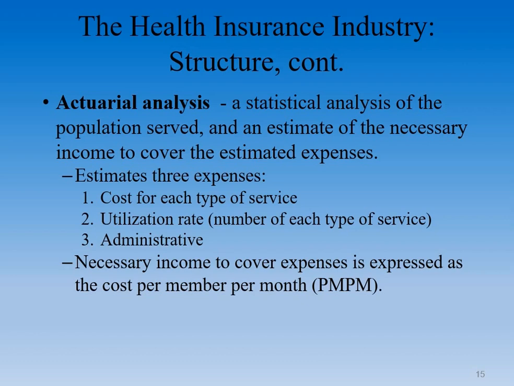Actuarial analysis estimates three expenses: the cost of each type of service, utilization rates, and administrative expenses. The necessary income to cover expenses is expressed as the cost per member per month. So there's a lot to be said for these actuaries, statisticians, and the insurance agencies, what they do.